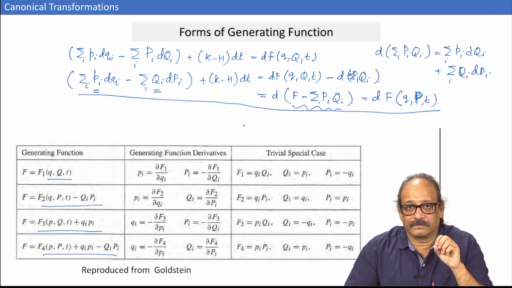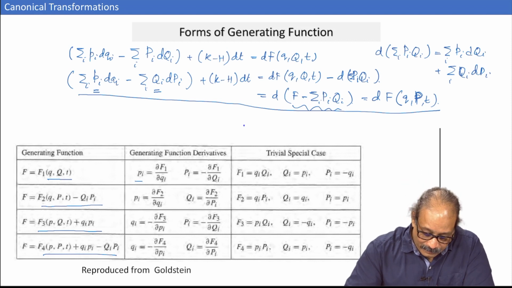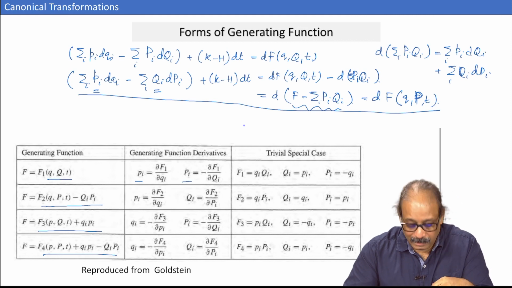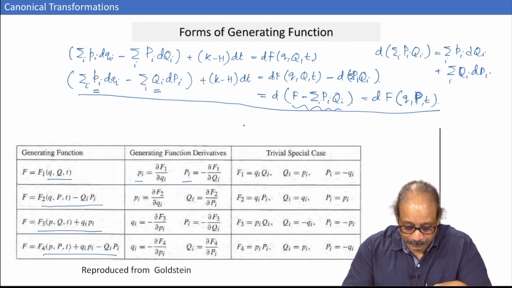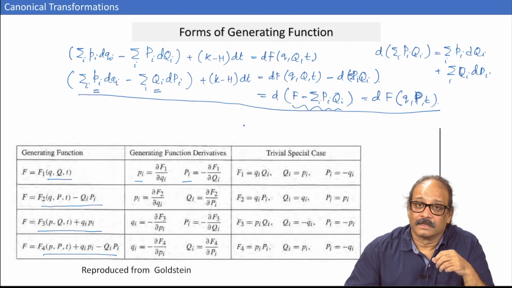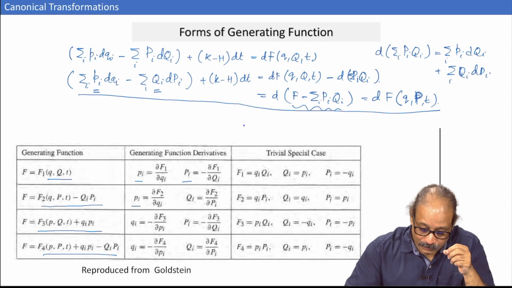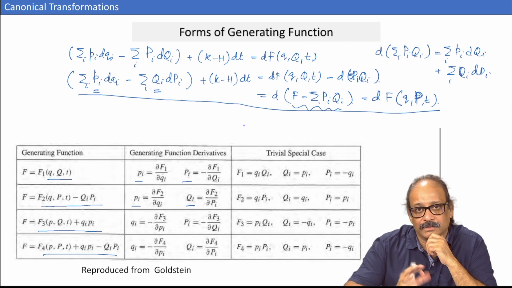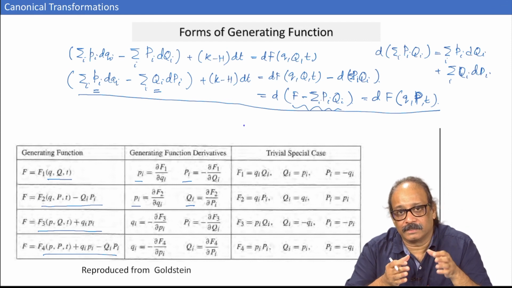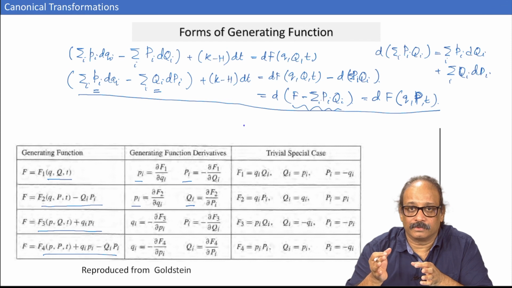And in each one of these cases, you of course get, in the first case we have seen, small p_i and capital P_i written as partial derivative of F with respect to q_i and partial derivative of F with respect to capital Q_i. In the second case, remember, now you will get small p_i, but capital Q_i's from the generating function, and then of course you rearrange them so that you get the transformation from old to new.